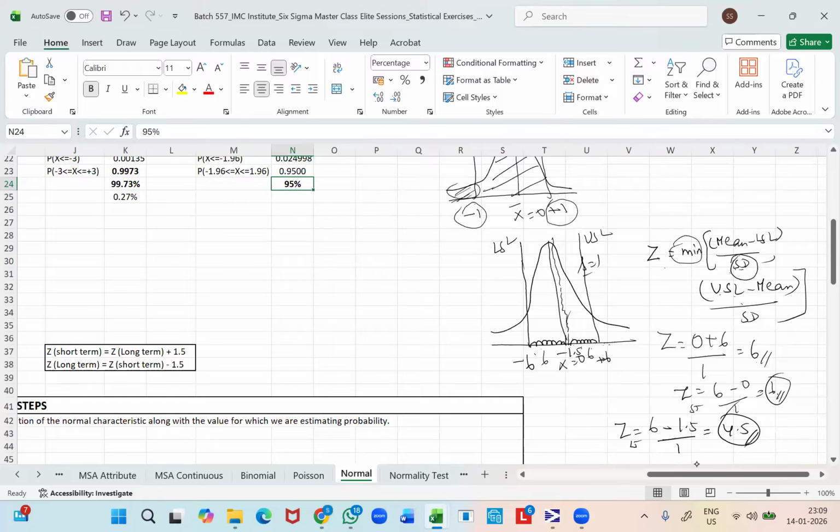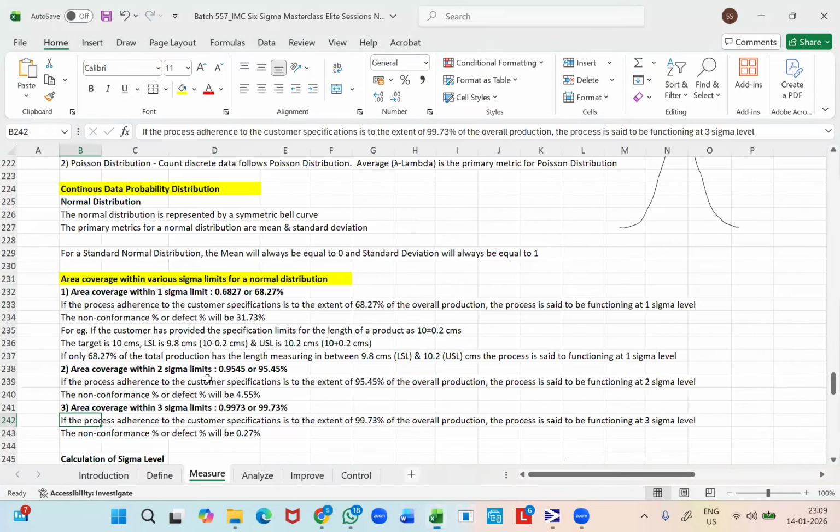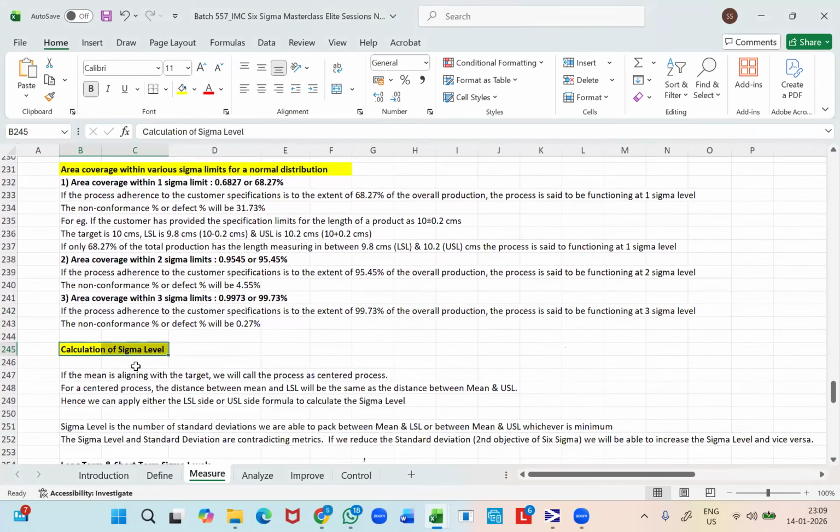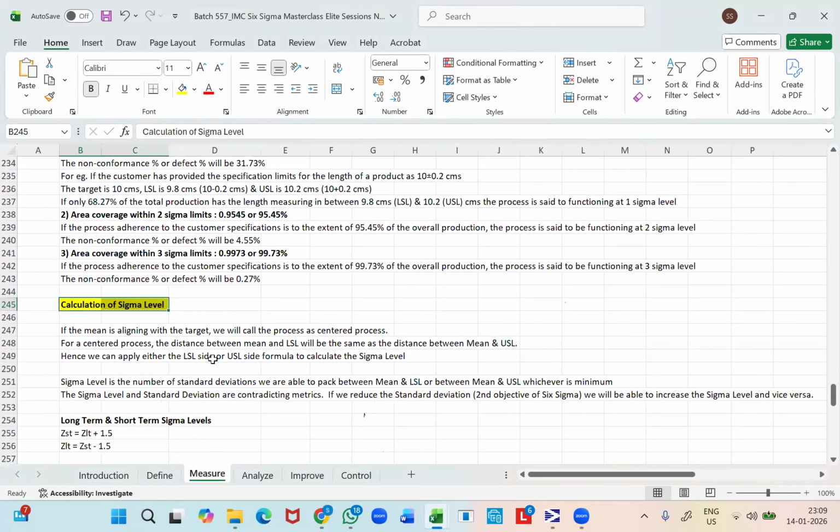So let us quickly look at the summary and then recap what all we discussed with regard to calculation of sigma level. Right. So as I told you, when the mean is aligning with the target, we will call that process a centered process. So for a centered process, the distance between mean and LSL will be the same as the distance between mean and USL.